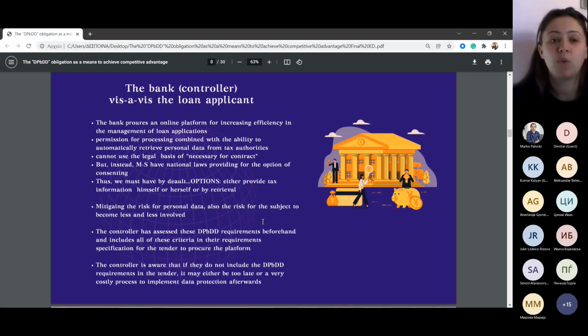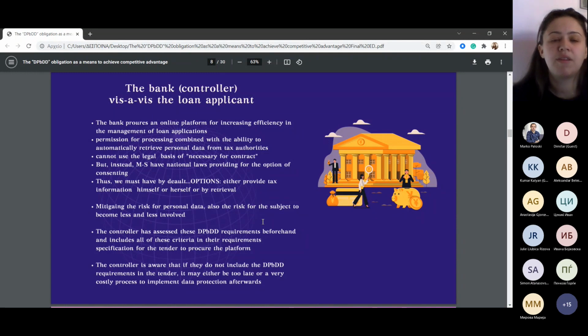So there is a need for permission for processing combined with the ability to automatically retrieve personal data from tax authorities. In this case, the bank cannot use the legal basis of necessary for contract, which is one of the multiple legal grounds for processing.